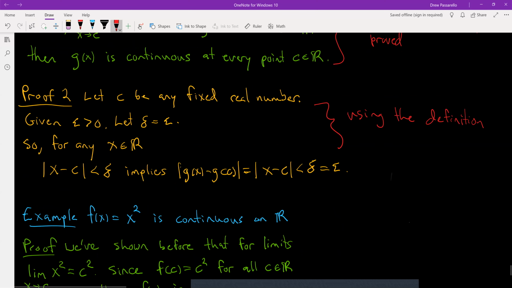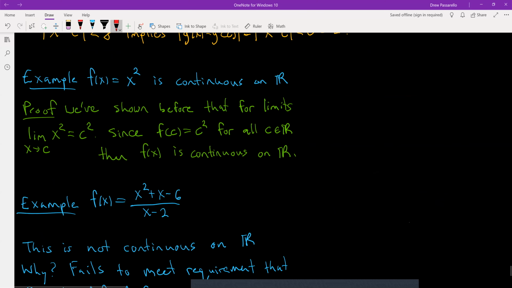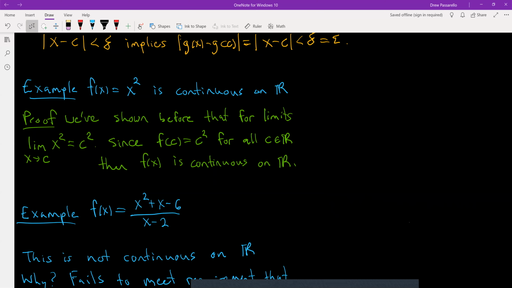All right, so for the next example, if you had the square function, f of x equals x squared, it's continuous on the reals. And I'm only going to do it using the fact that we've already proved for limits that as x approaches c, x squared is equal to c squared.